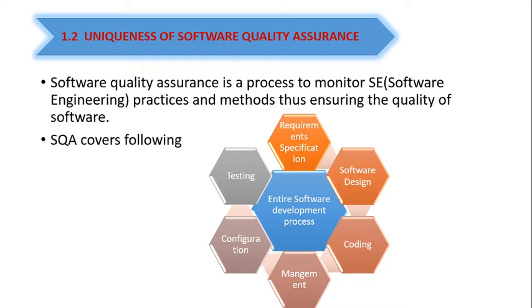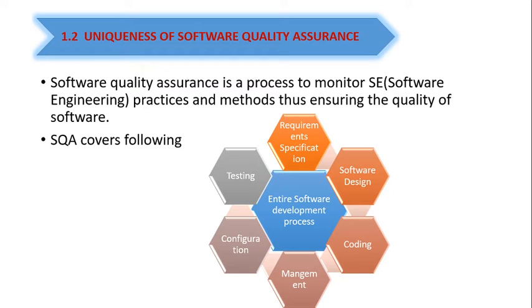Software quality assurance is a process to monitor the software engineering practices and methods, thus ensuring the quality of software. It covers the entire software development process: requirement specifications, software design, coding, software management, software configurations, and software testing.